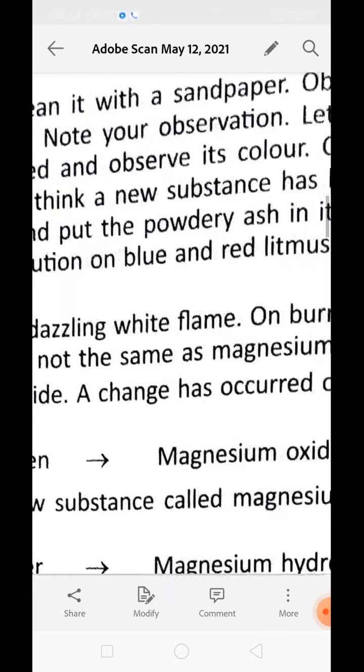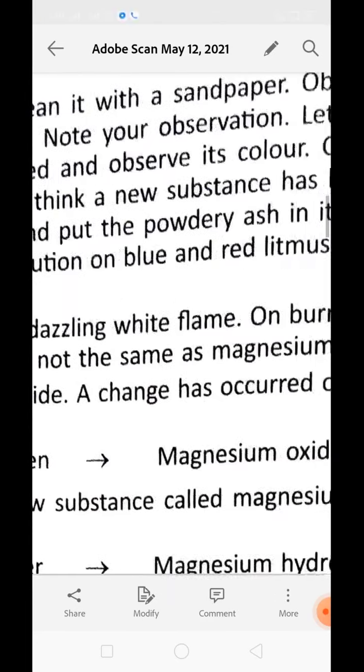Clear? And in B, the question is, what will happen when magnesium oxide reacts with water? Then you will write magnesium oxide reacts with water to form magnesium hydroxide. So the upper equation given over here is the answer of A, whereas the lower equation is the answer of B. Understood?